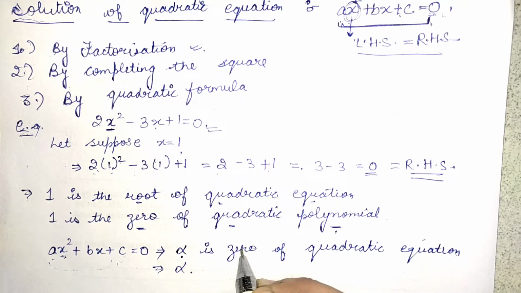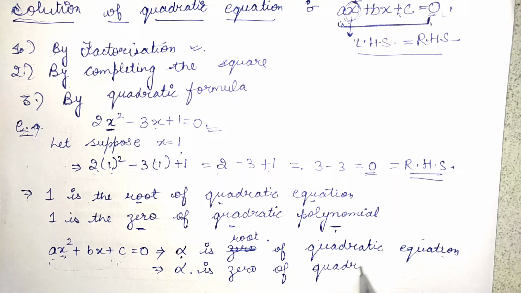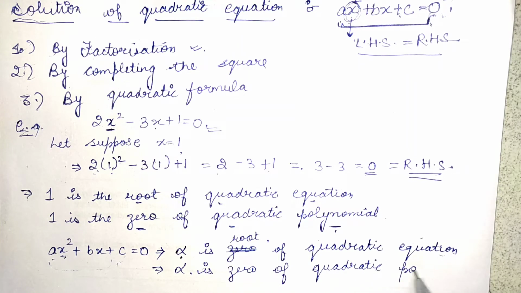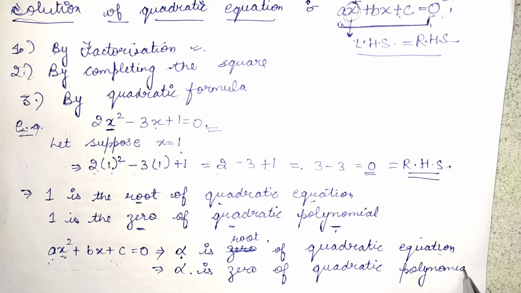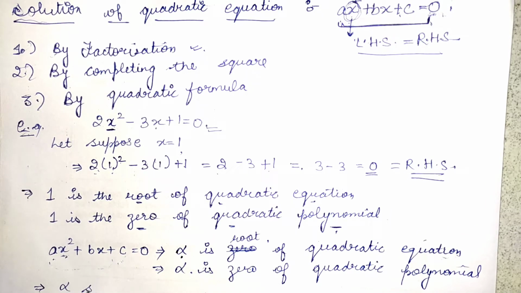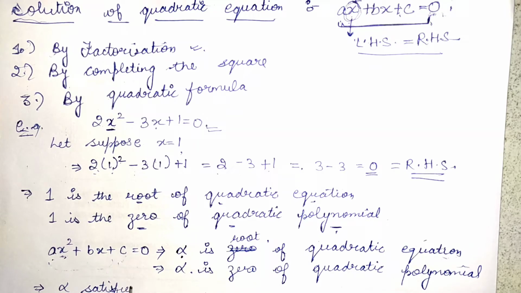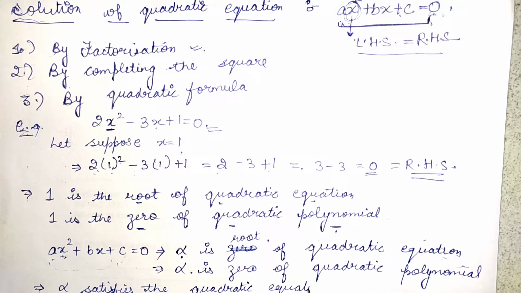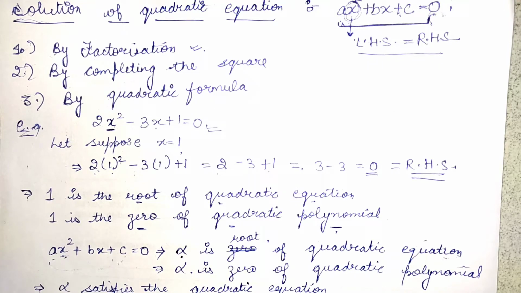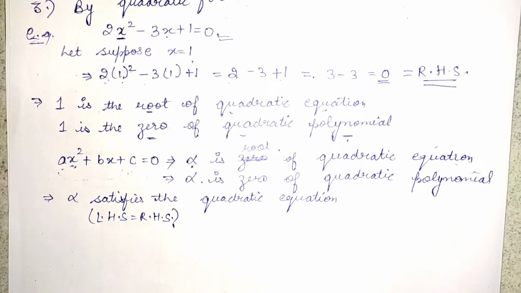So alpha is the root of my quadratic equation, or alpha is the 0 of my quadratic polynomial. We can also say that alpha satisfies the quadratic equation. What does satisfying mean? Satisfying means it makes the left hand side and the right hand side equal to each other.